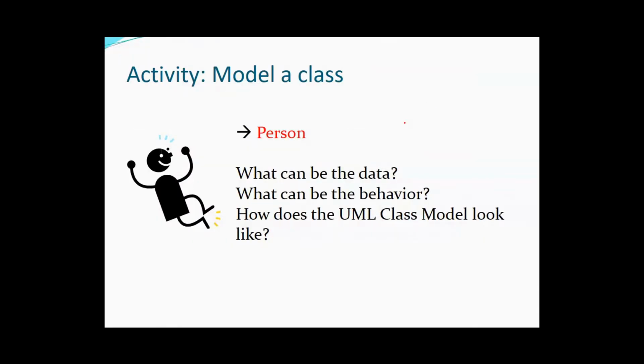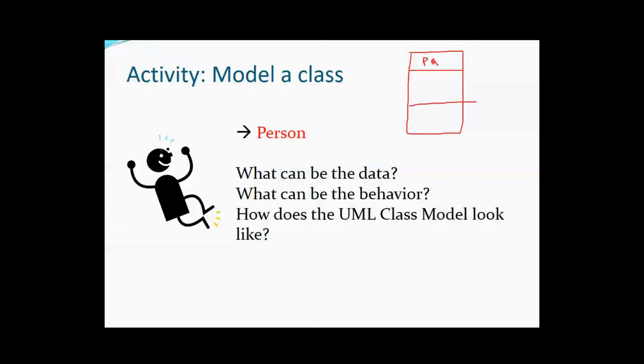Draw a class like what we did, with three parts, and put person here, and see what kind of data can be saved as attributes for the person, and what kind of methods a person can have. Try to do that using Word or Visio or any software program.